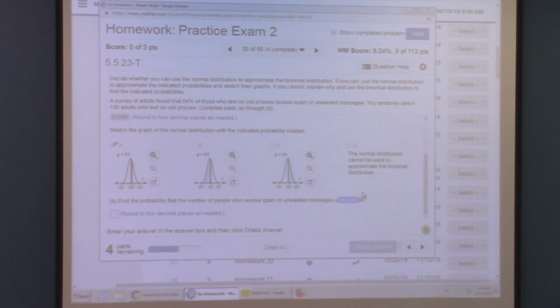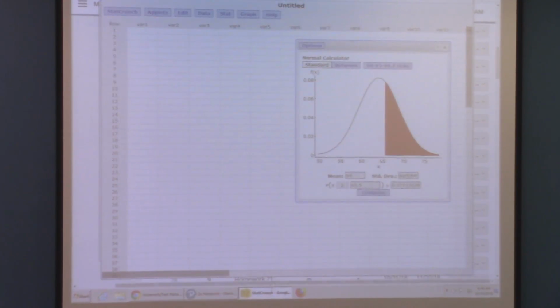And so we did greater than or equal to 65.5 there, right? The mean and standard deviation we left the same. That's the mean, that's the standard deviation.